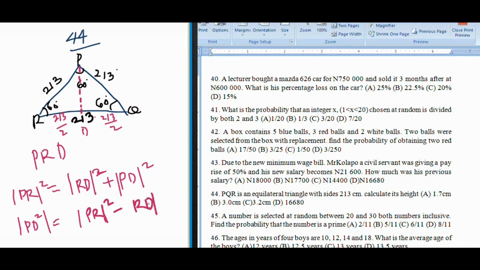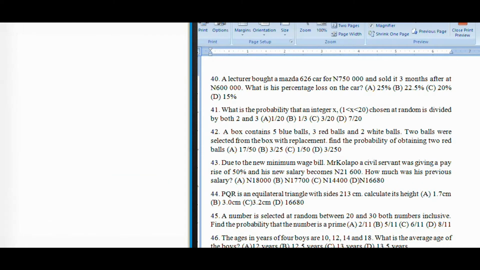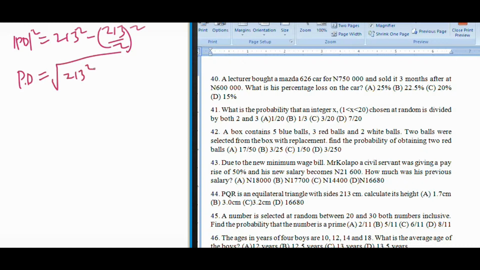So our PD will be equal to root of 213 square minus 213 over 2 all square. If you press the calculator correctly, we'll have our PD equal to 184.5 centimeter.